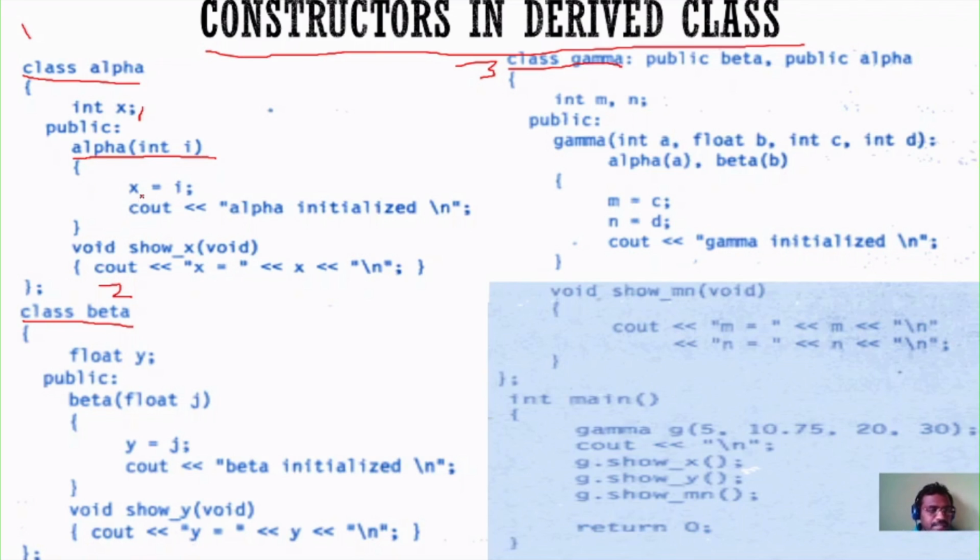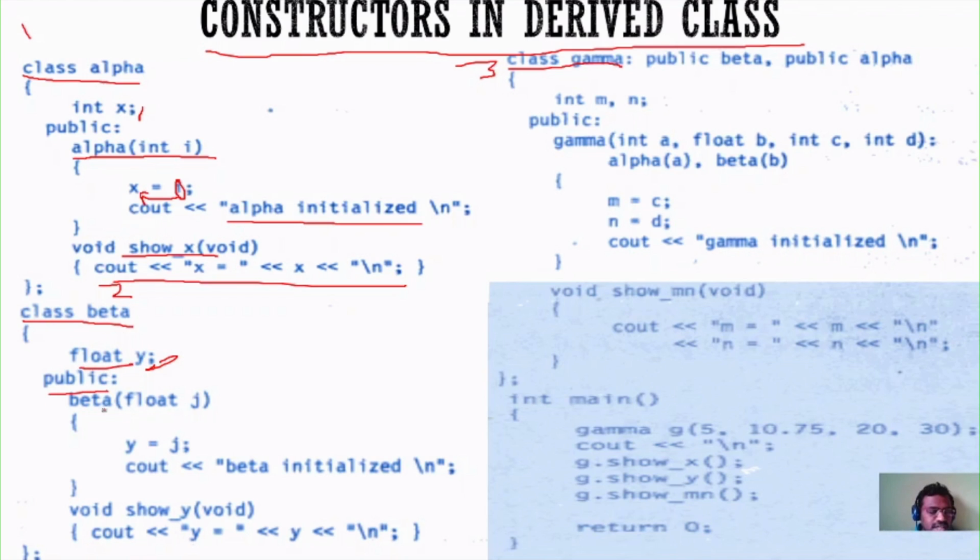Alpha int i, x is equal to i. The value of i will now be passed to the data member x. And also we are writing a statement, alpha initialized, and one member function called show x. We are displaying the content of x here. Similarly, in beta, we have one private data member called y, and y is of type float.